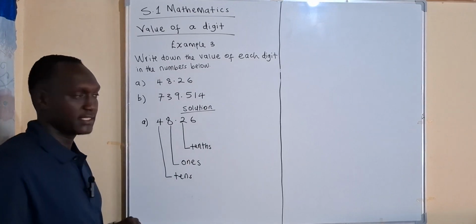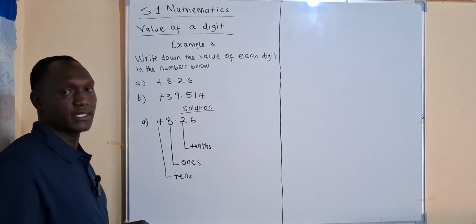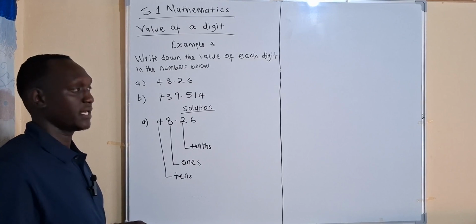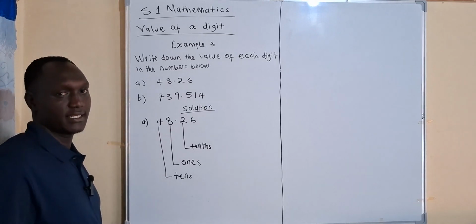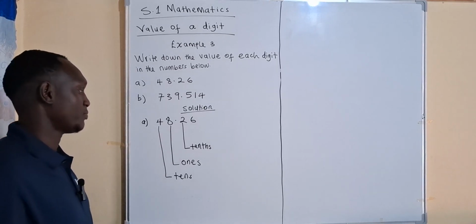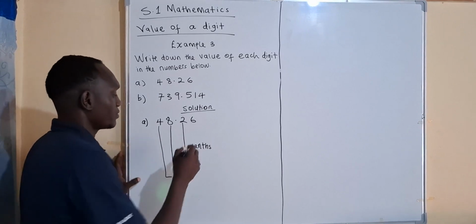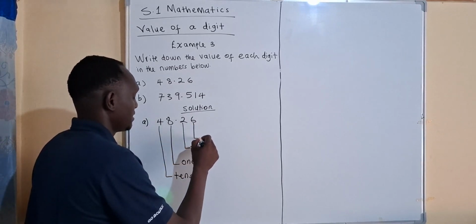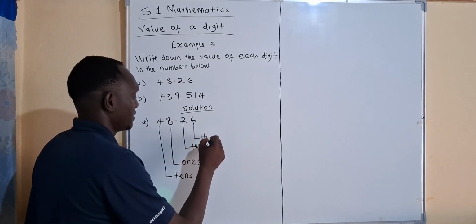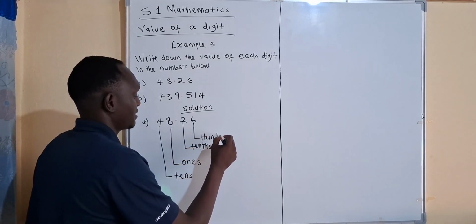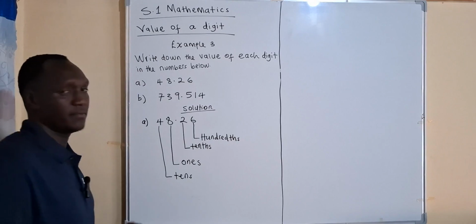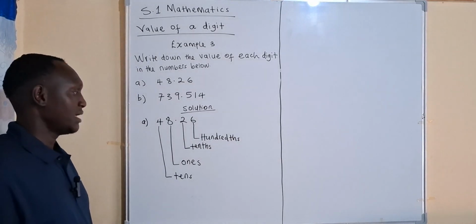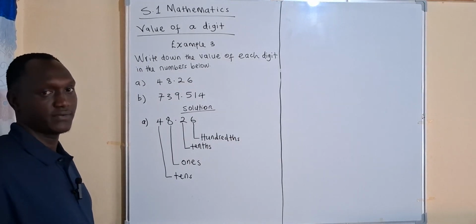The implication is that it is 2 divided by 10, which gives us 0.2, clearly reflected there as 0.2. And then we go to 6, hundredths. That means 6 was actually divided by 100 to give us 0.06.